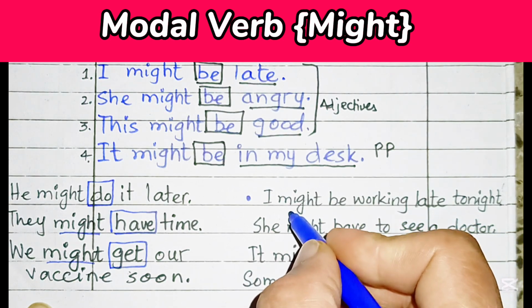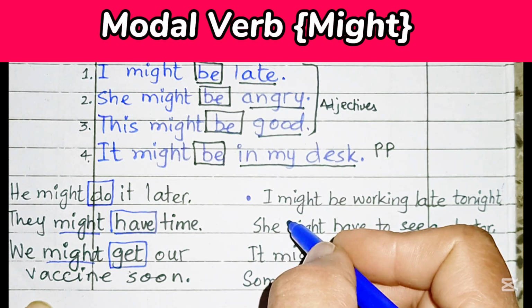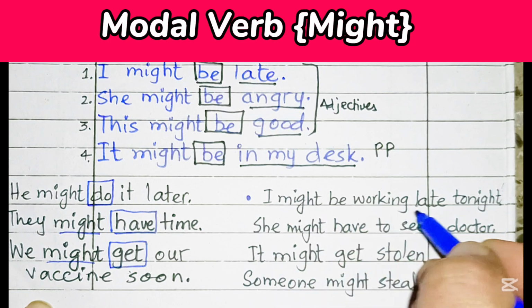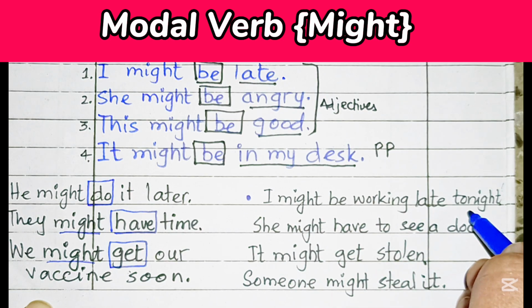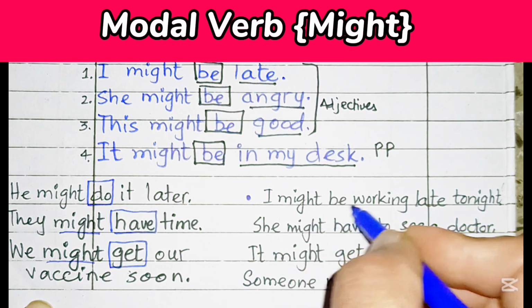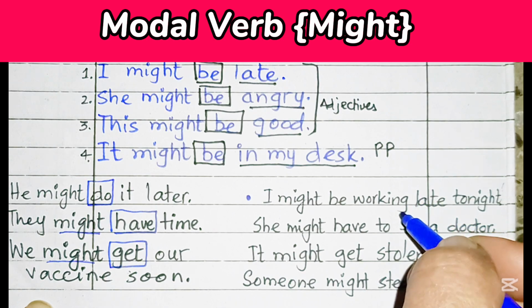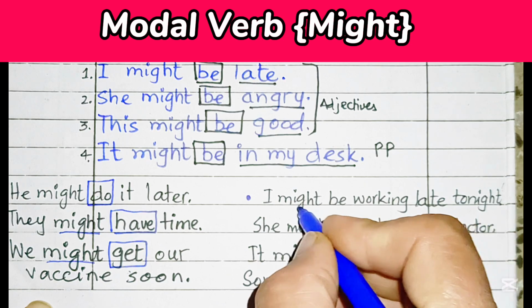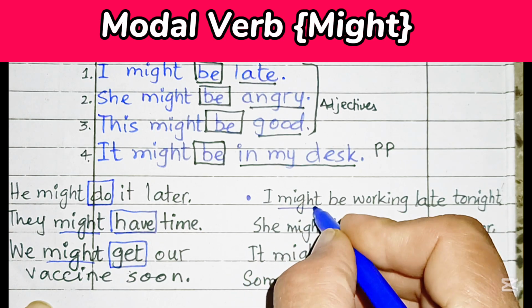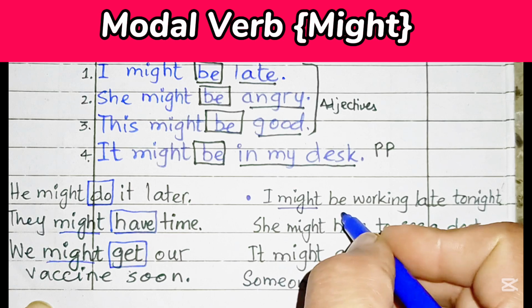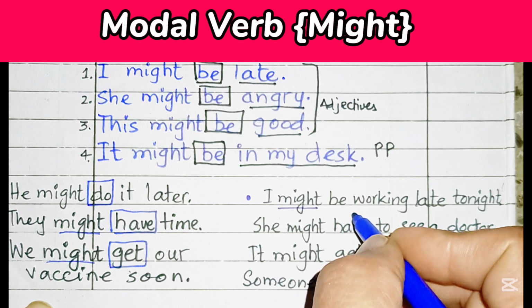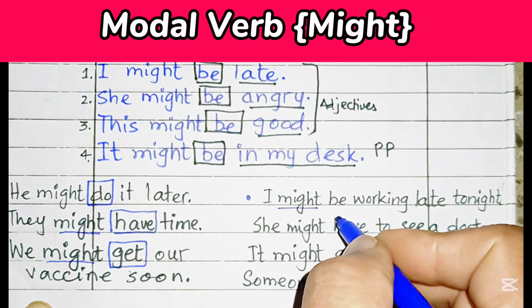Now, look at a few more examples. I might be working late tonight. Here we have the continuous form after the modal verb. Here is the modal verb might, and after that we have the continuous form.